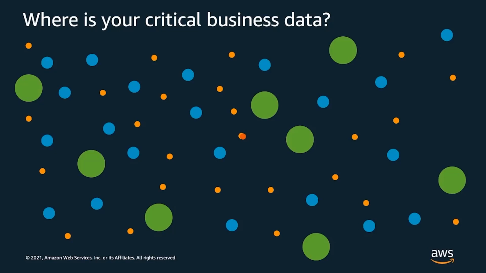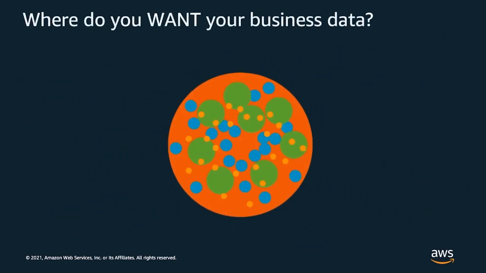Data is siloed in a lot of different places. But the real question is, where do you want your business data? And the dream idea is to have this data centralized in a place where we can run queries, where we can pull out information to help us make the right choices when we're making choices for our business.